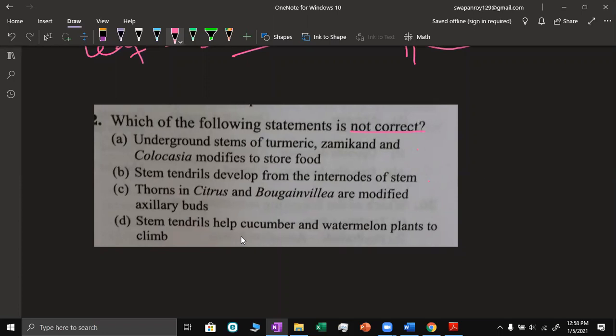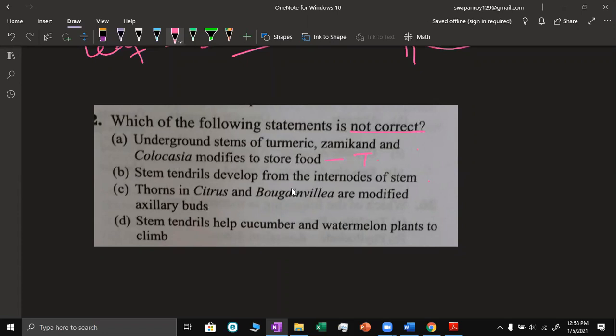A stem tendril helps cucumber and watermelon plants to climb. Which is not correct? This first one is correct because turmeric, jamicand, colocasia are for food storage.